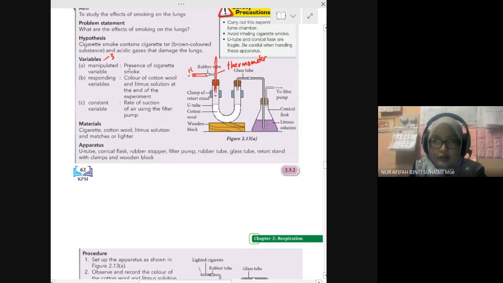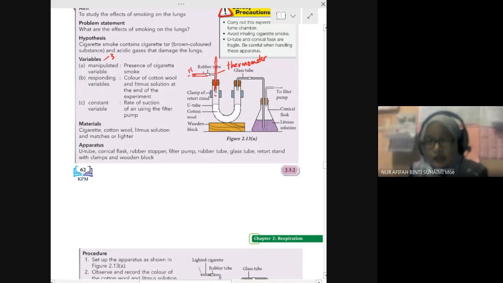Okay, manipulated variables, presence of cigarette smoke, responding variable, color of cotton wool, what happened to the cotton wool after finish smoking, and what happened to litmus solution in the conical flask here. Is it change color or not? And one more, I add the thermometer. What happened to the temperature of the thermometer after smoking?